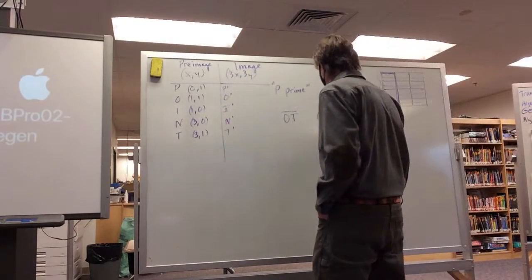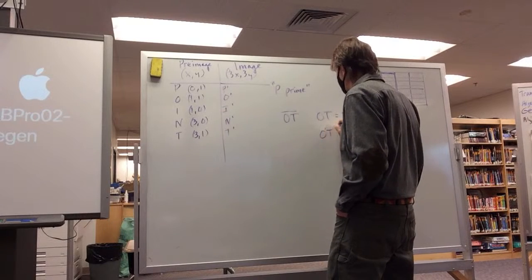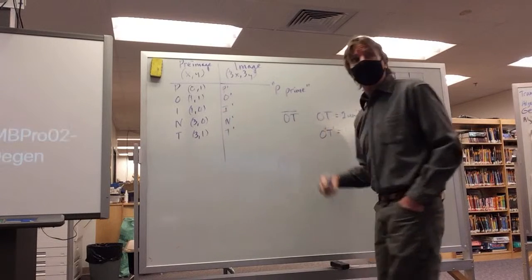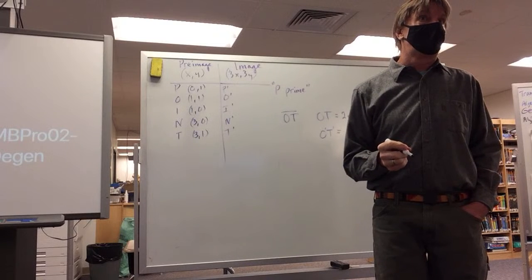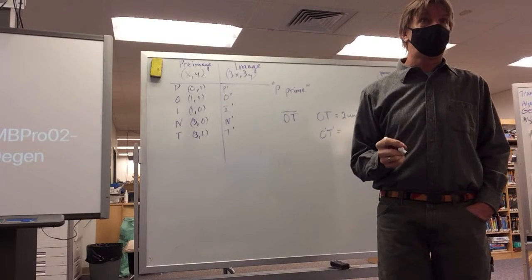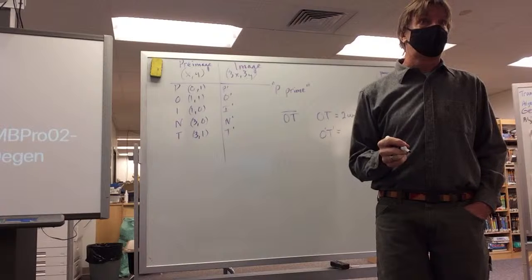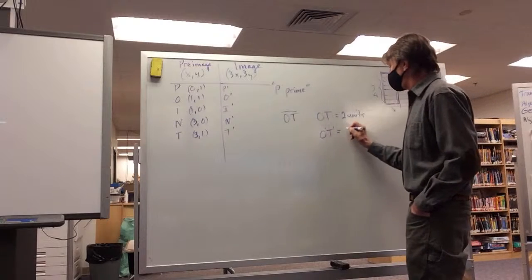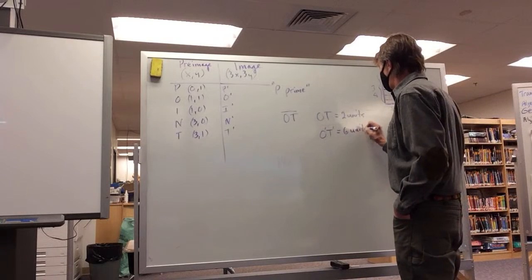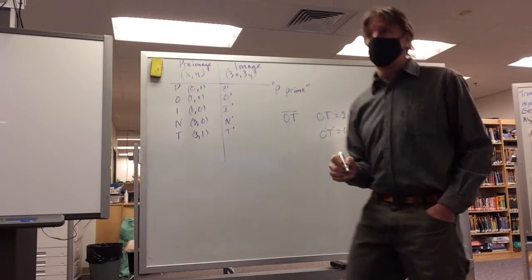Now we want to find segment O prime T prime. And what is its measure? Is it the same? No. Oh, you said 6? Not the same. So that's 6 units. Can you find that?